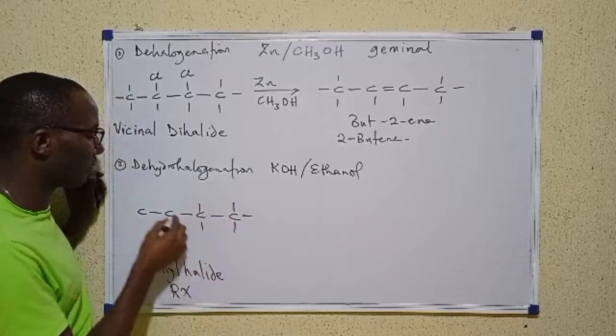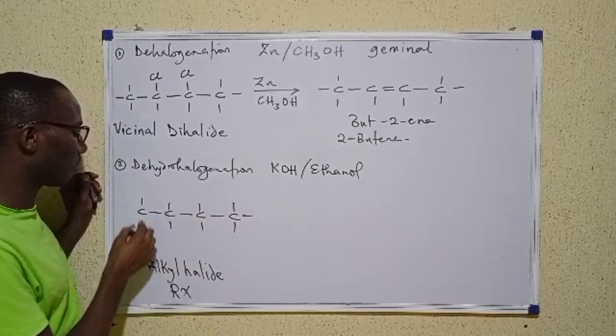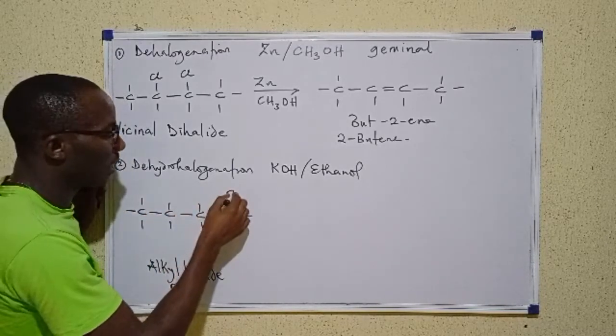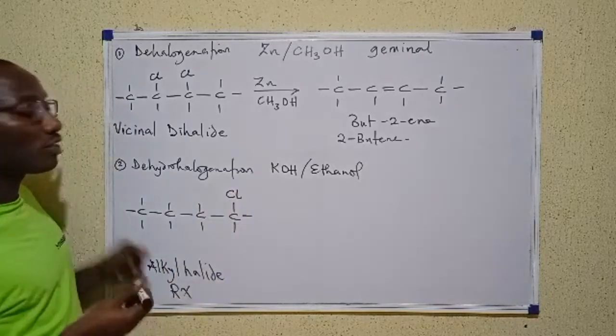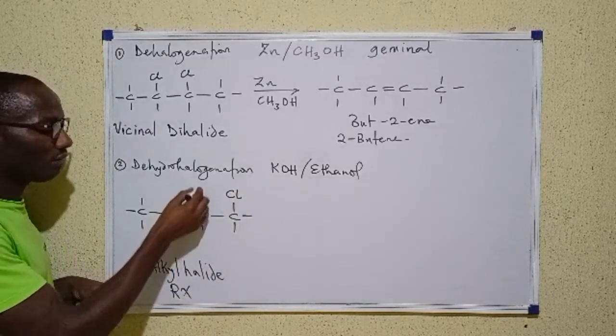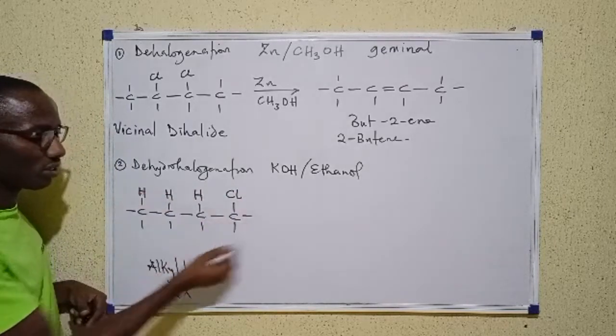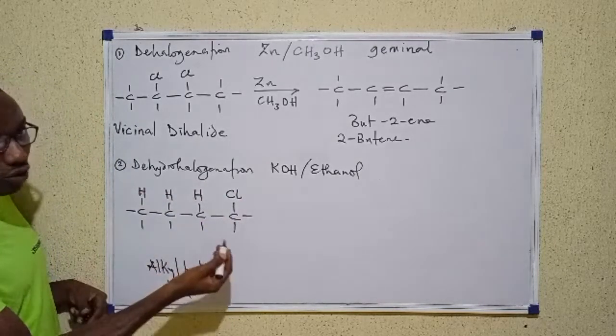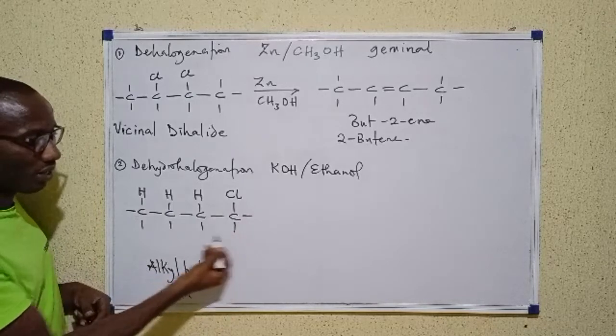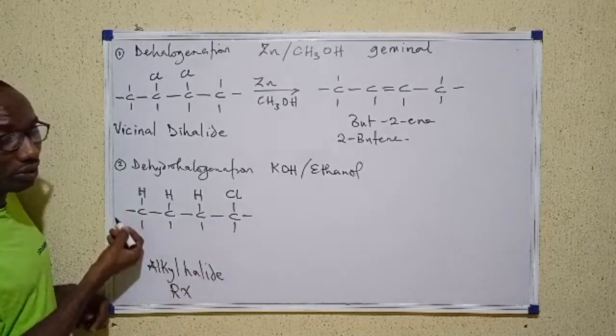You need to listen to this reaction because it has some peculiarities. This is an alkyl halide, so I have Cl there, I have H here, let's say. Of course, the other hydrogens have not been indicated, I've not shown them, but we know that there are hydrogens on all of these points.